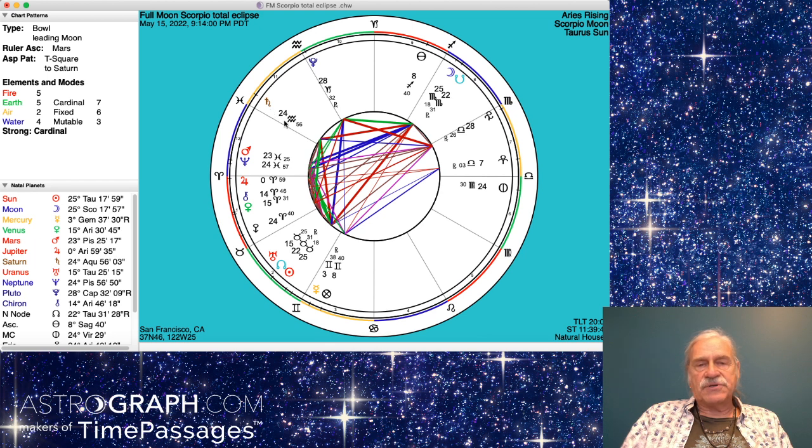You can see that Saturn is almost 25 degrees, within 4 minutes of a perfect square to the sun and the moon, the eclipse sun and the eclipse moon. So we have quite an interesting, you would say with Saturn limitations. You would say with Saturn also concentration, emphasis, getting serious, taking things not lightly but rather very seriously, and that is a good idea for this time.